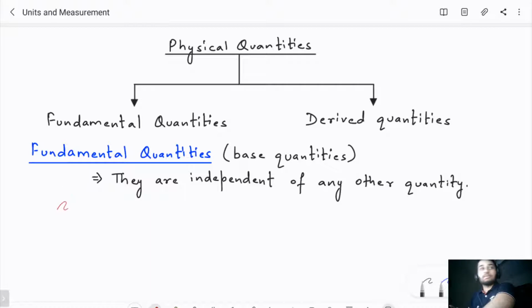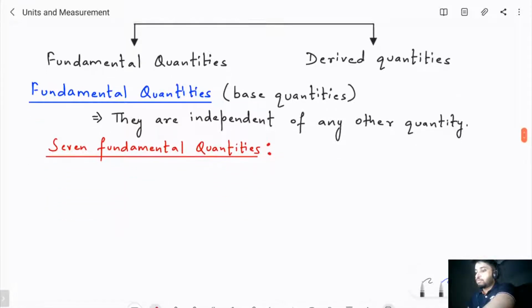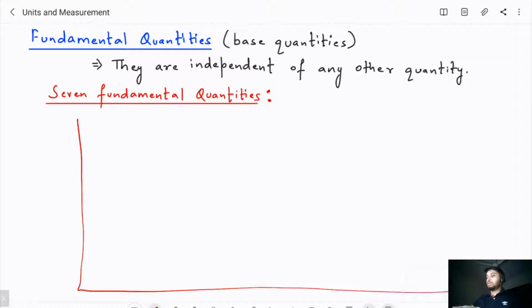Let us see the 7 fundamental quantities first. Let me divide them in a box table.